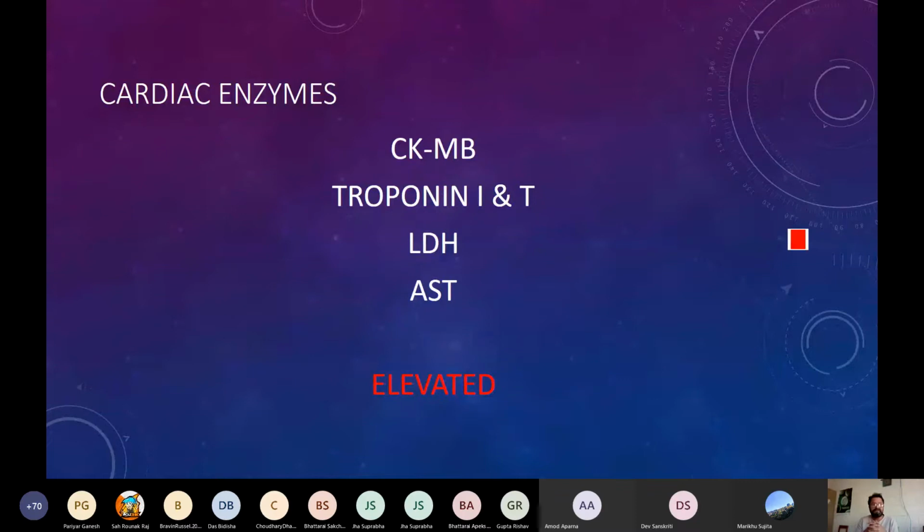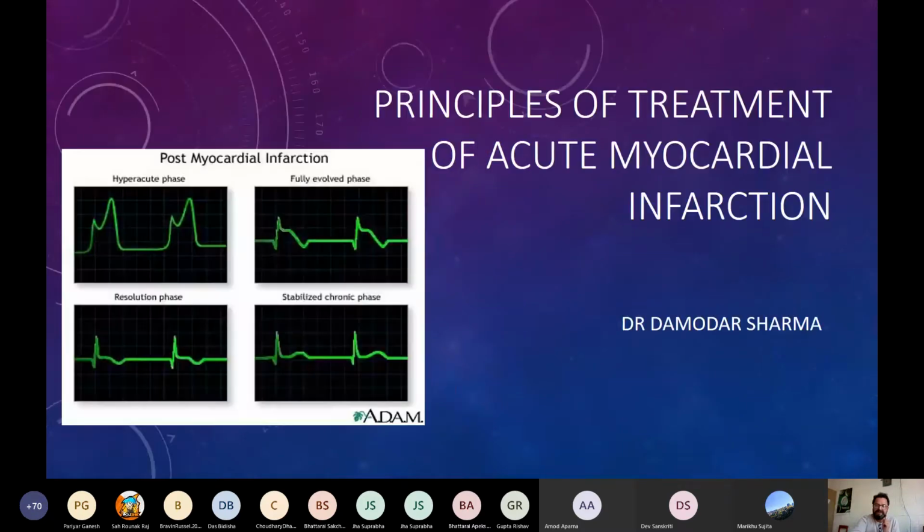That means it cannot differentiate from infarction of other tissues, injuries, or muscular lysis diseases like myositis. But these enzymes were all elevated in that case, Julie Shrestha. So she was diagnosed as MI.